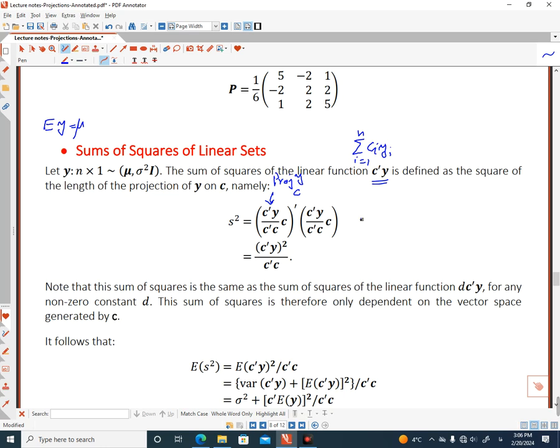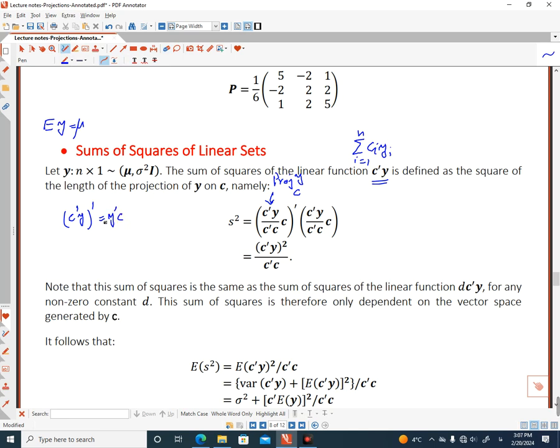It's pretty simple to see that. Remember that c prime y is a scalar. So when you have a scalar, the transpose is equal to itself. So they are equal to each other. I can write it as y prime c.